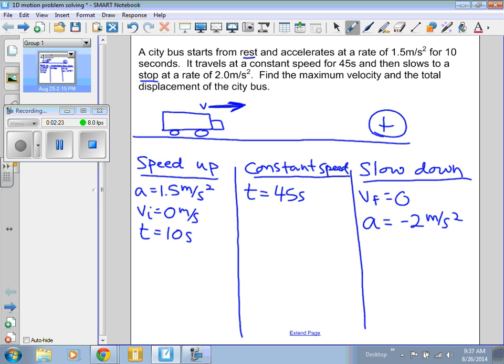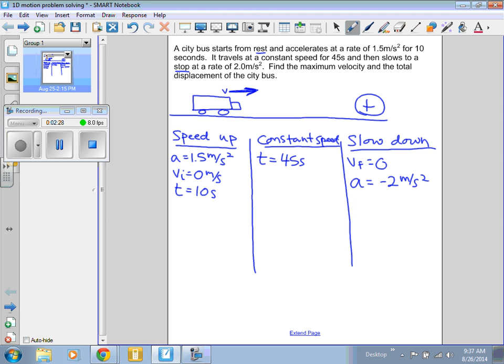So that's what we know so far. Now we just start working through this. We need to find the maximum velocity the car reaches. So let's use our speeding up knowns to solve for that. We know v final is equal to v initial plus at. That's one of the equations that we derived from our graphs. So we can just plug in numbers and solve.